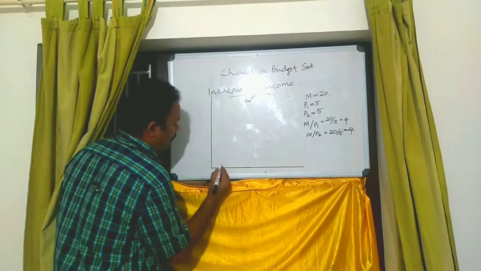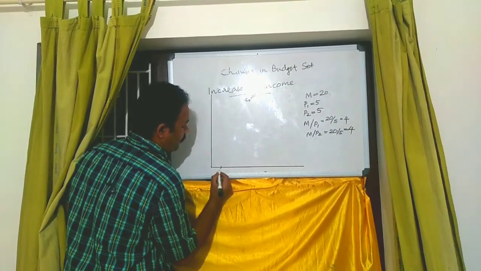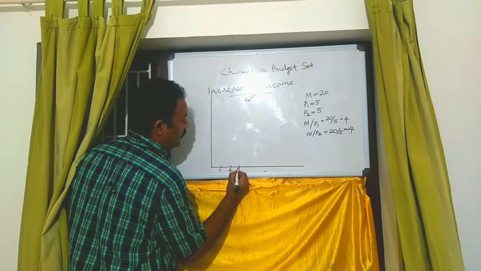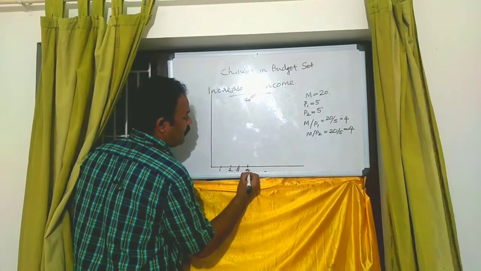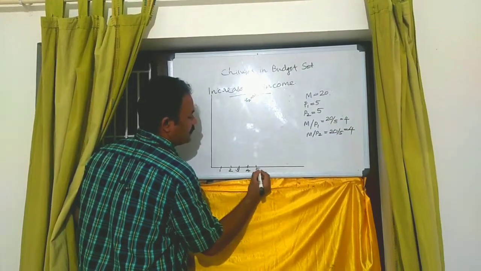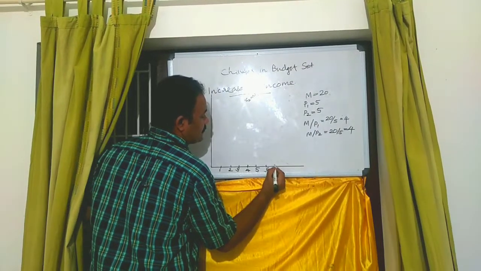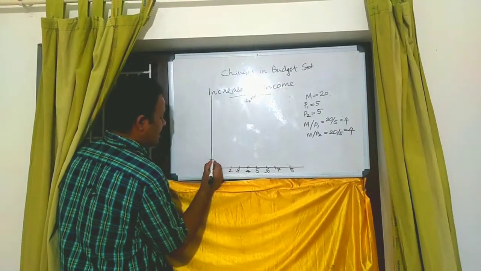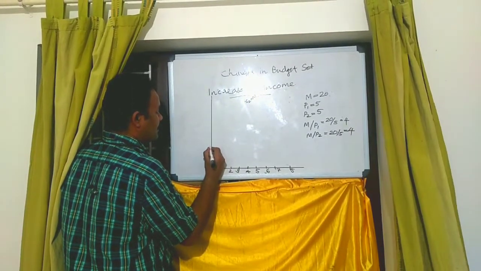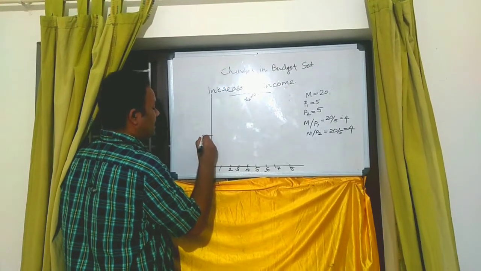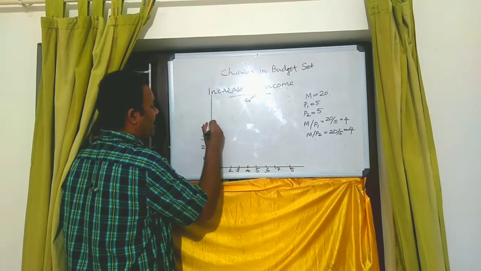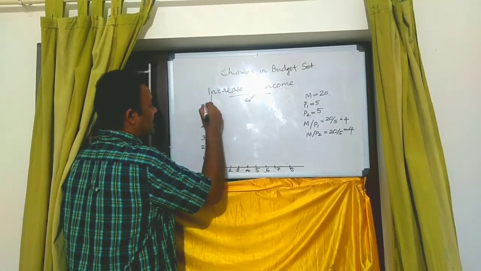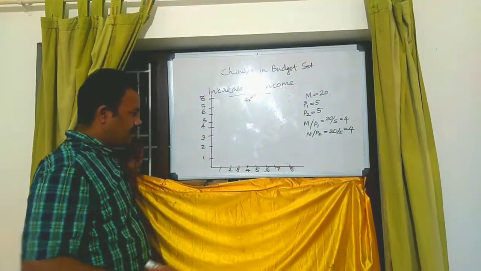Then we can mark 1, 2, 3, 4, 5, 6, 7, 8. Here are also 1, 2, 3, 4, 5, 6, 7, 8.